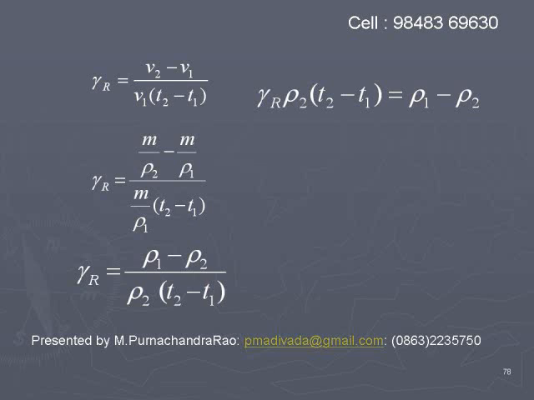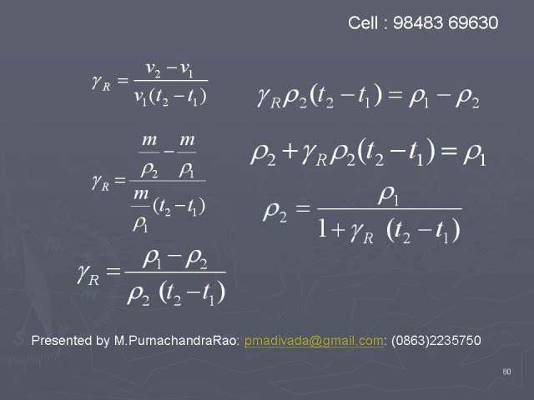Gamma r is equal to (rho 1 minus rho 2) divided by rho 2 into (T2 minus T1), or gamma r into rho 2 into (T2 minus T1) is equal to rho 1 minus rho 2, or rho 2 plus gamma r into rho 2 into (T2 minus T1) is equal to rho 1.